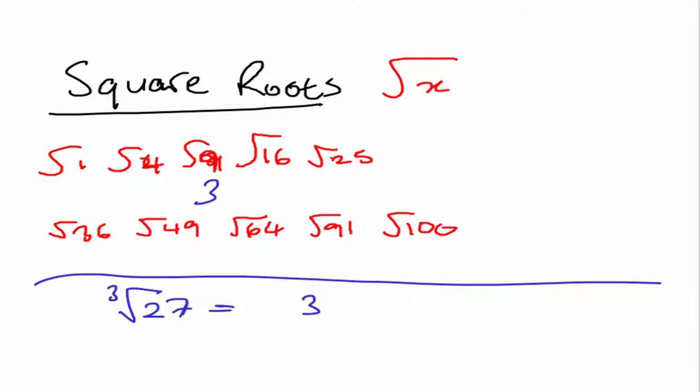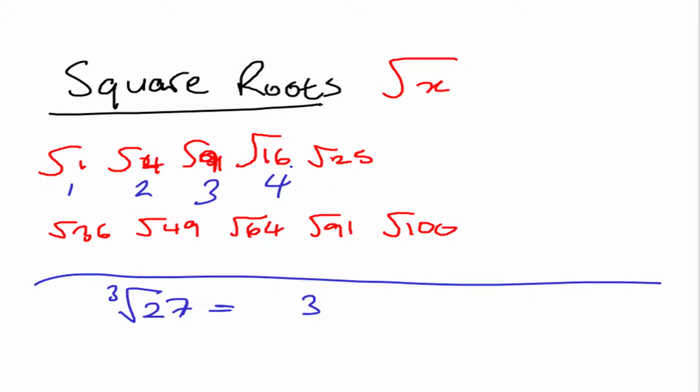Okay. So let's go through the examples. What's the square root of 1? 1 times 1 is 1. So the square root of 1 is 1. Square root of 4. You got 2 times 2 gives you 4. So the square root of it is 2. And so forth.